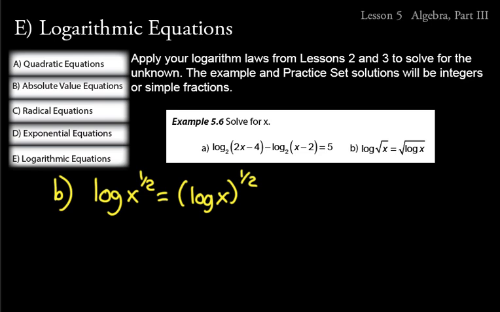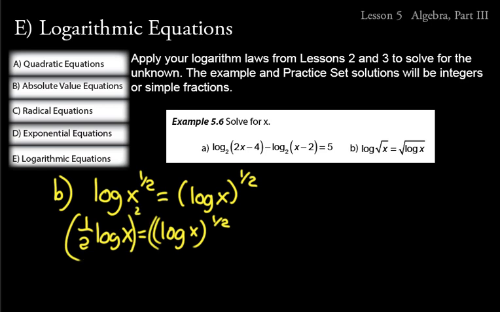On the left, we can apply the power rule and say half log x, that's equal to log x to the 1/2 power. How do we get rid of that 1/2 power on the right? Well, we could square both sides, right? Square that. Square that. 2 times 1/2 is 1.